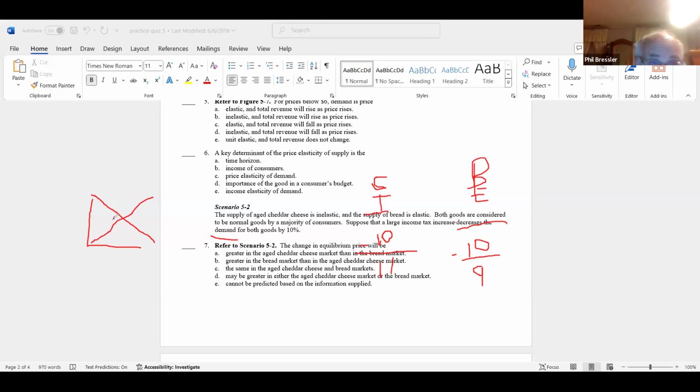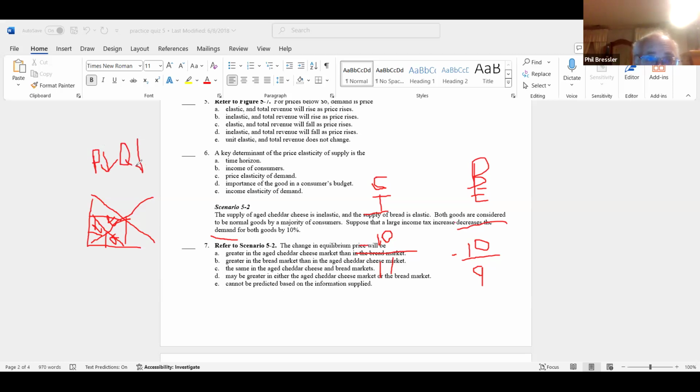The demand is just the cheddar. Demand is going to decrease. And I'm sorry, it's hard for me to write on this. Okay? So here's the first price, and then here is the new price. So price is going to go down in the cheddar, and quantity is going to go down. Now, that is the same exact graph you would graph for the bread. So for both of them, just know price and quantity decrease.